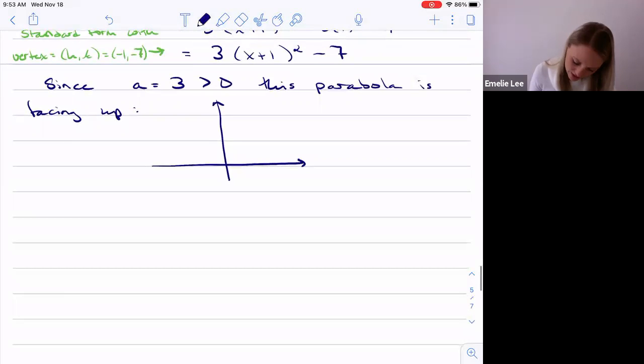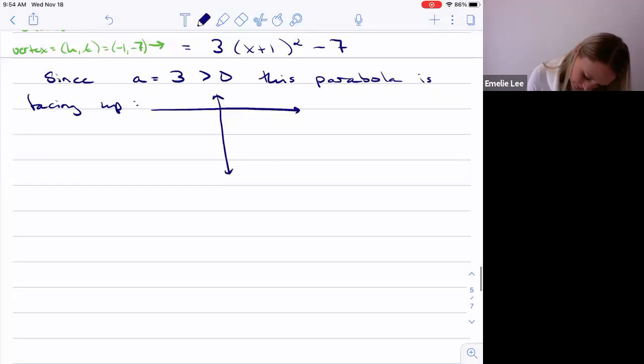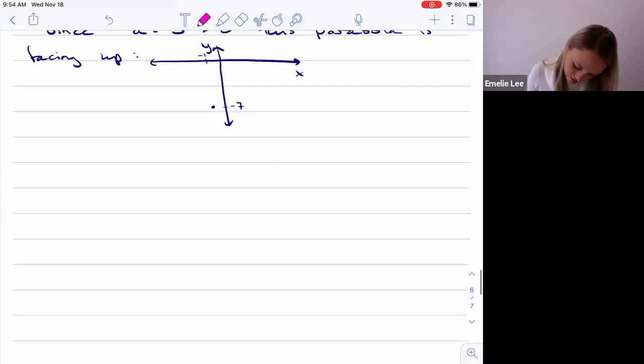-1, -7. Oh, whoops. Maybe I should draw it kind of weird this time. So -1, -7, let's put it down here. Something like this, right? So here's the vertex. Vertex is at (-1, -7).